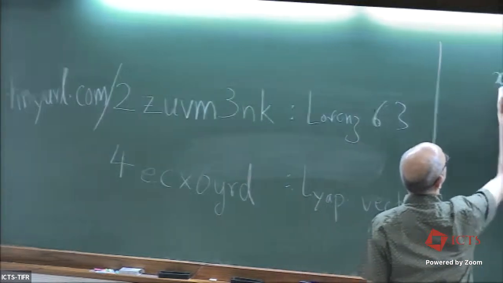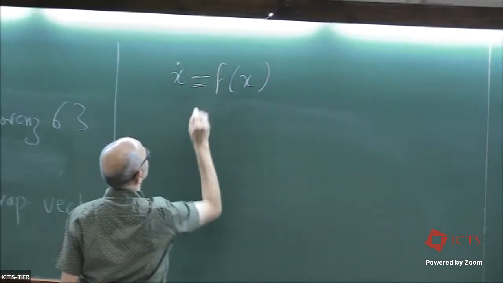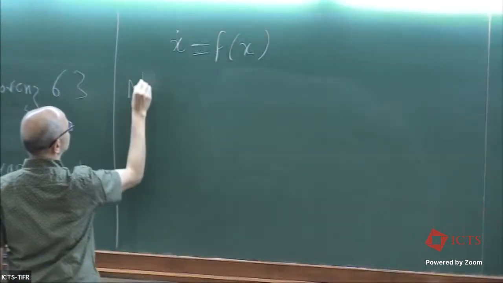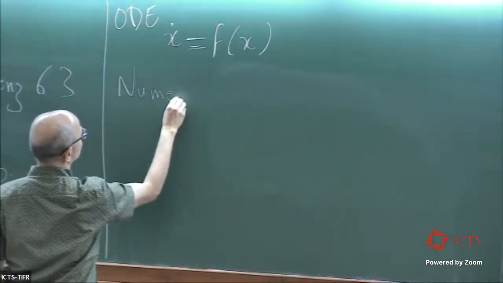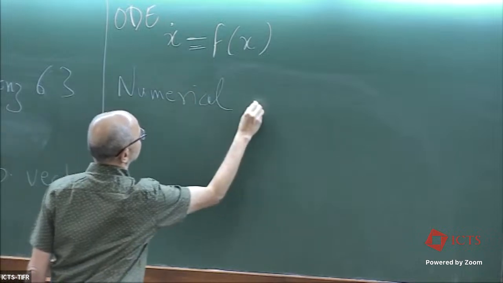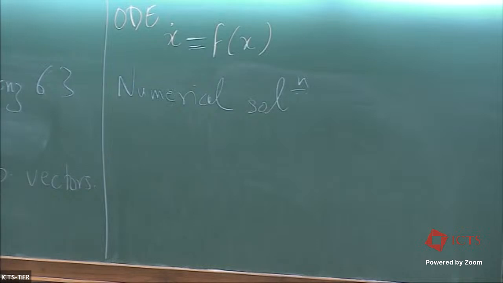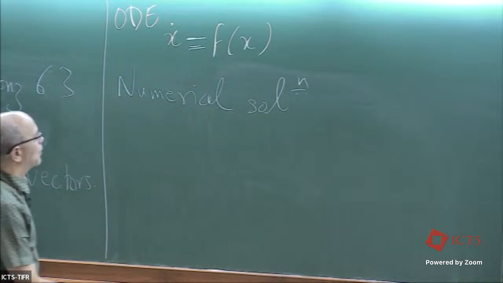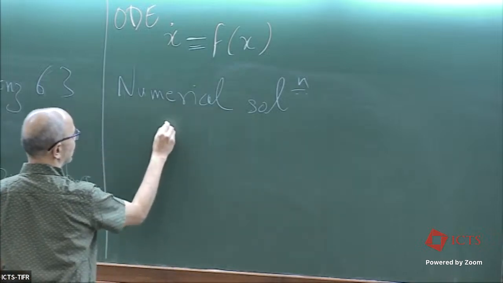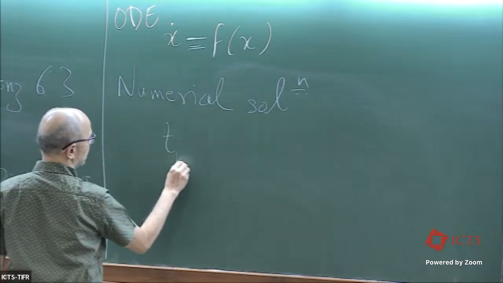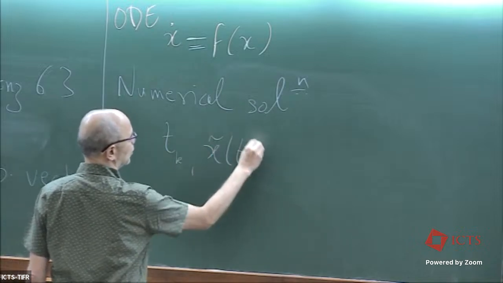We have this equation x dot equal to f of x, and the numerical solution, so the ODE is this, essentially gives you approximation at different times, t_k, x of t_k, x tilde, let me call it.